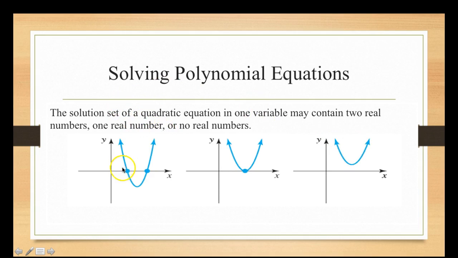You will either have 2 solutions or x-intercepts, 1 solution or 1 x-intercept, or no solution, which means it does not cross the x-axis at all. An example of those would be if x were to equal 3 and 5, or if x were to equal 4, that's just 1 solution, or x equals nothing. You cannot find a value for x, which means there's no solution.